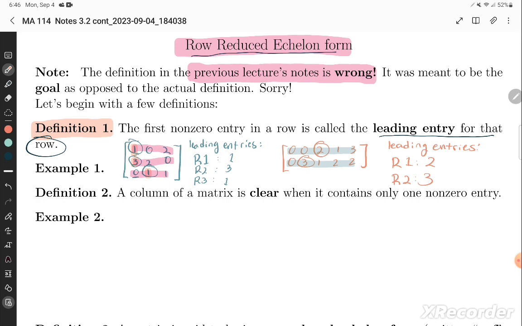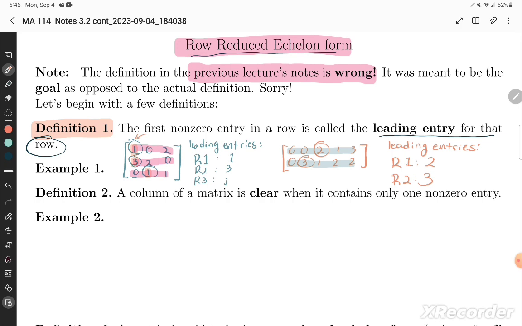You can have a leading entry in a row that's further down. Here my leading entries in row 1 and row 2 were in column 1, but here my leading entries are further down. So you can have a leading entry anywhere. And it could be that a row doesn't have a leading entry.